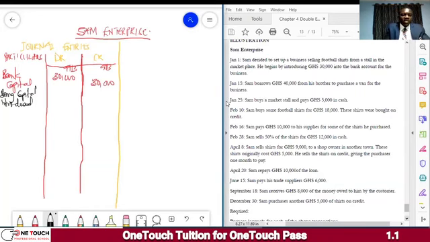So that is January 1st. Now the next thing is January 15th. January 15th says that Sam borrows 40,000 from his brother to purchase a van for the business. Good. So here it is twofold because he borrows, so the money will come in. So we say bank will be what? 40,000.